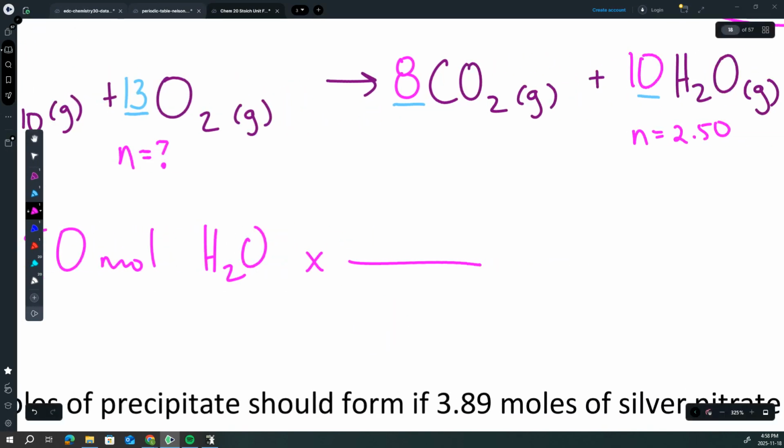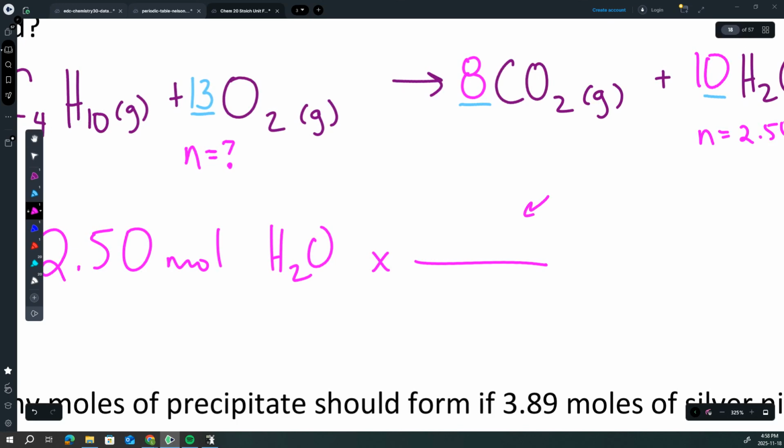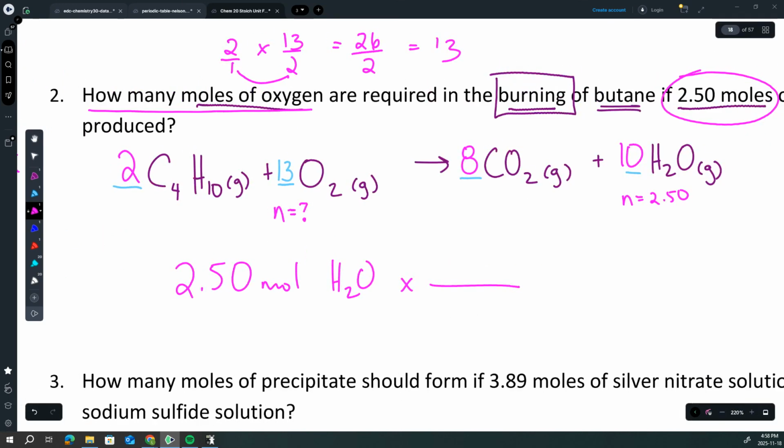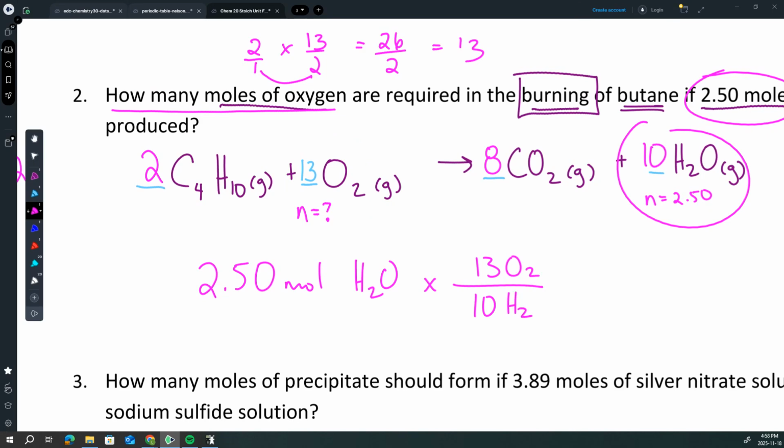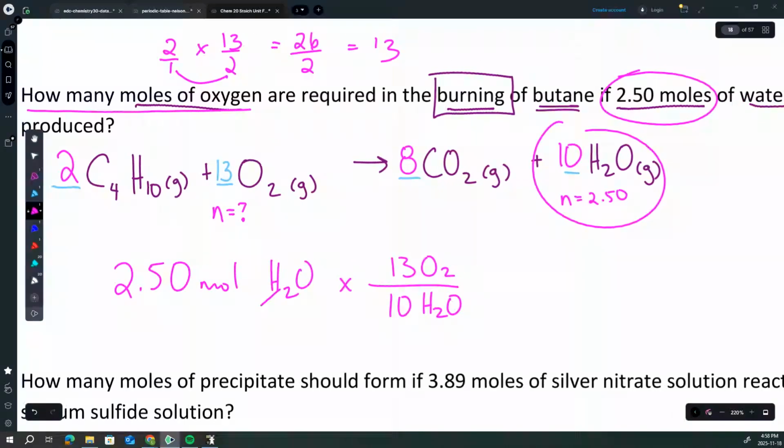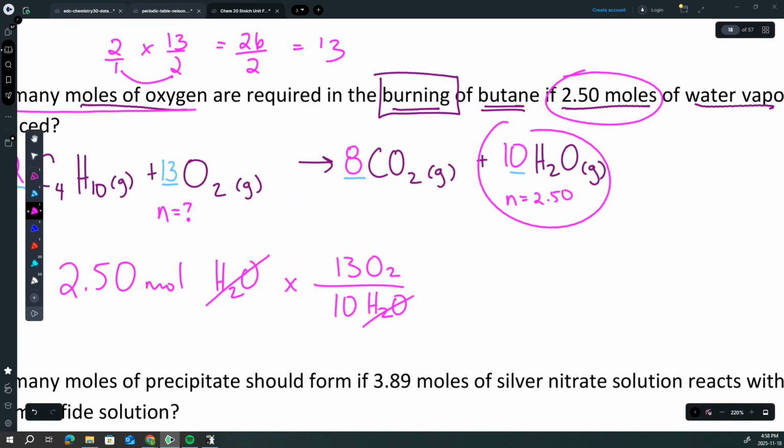Now we're in our molar ratio. It's coefficient of what you want divided by coefficient of what you're given. So we want oxygen, we're given water, or water vapor, I should say. So water cancels out.